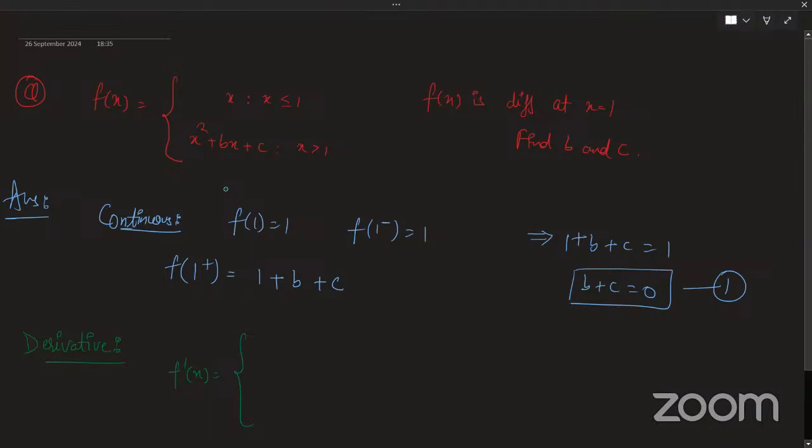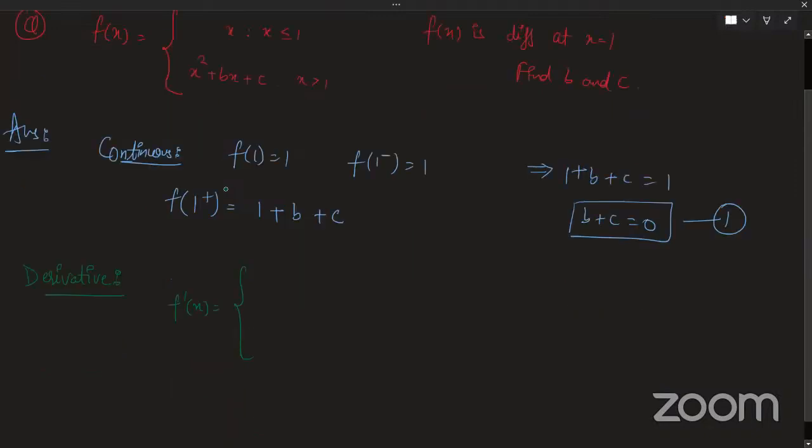What is the derivative of x? Sir, it is 1, sir. 1, great. And what about x square plus bx plus c? Sir, it will be 2x plus b only, sir. 2x plus b, great.